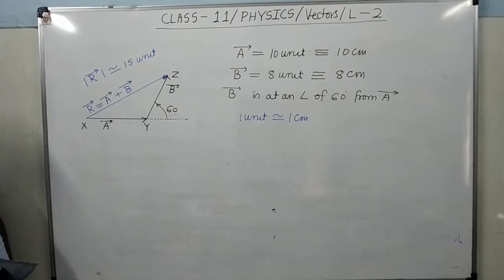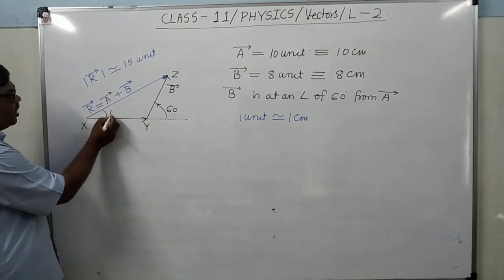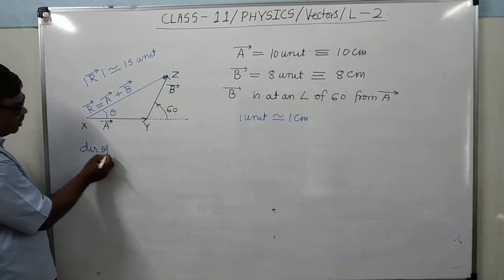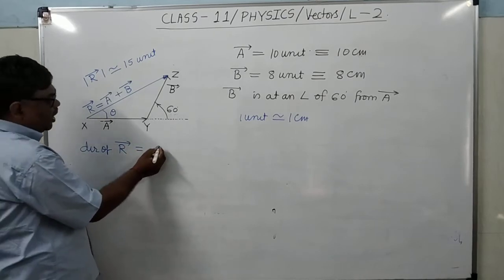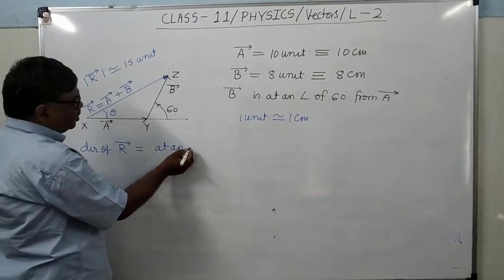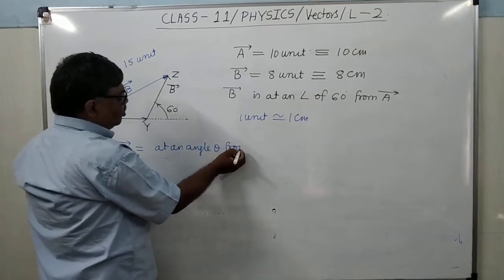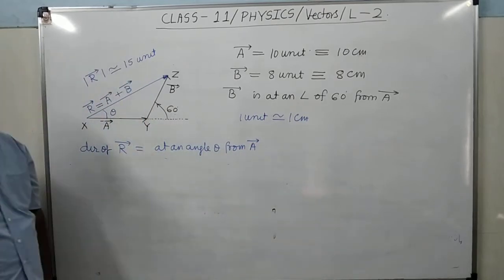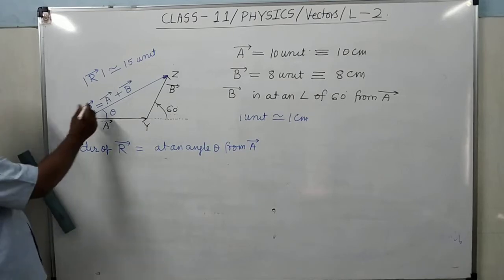What will be the direction? Direction is always expressed from the first vector. So you measure this angle. The direction of vector R will be at an angle theta from vector A. This angle is measured in which direction?